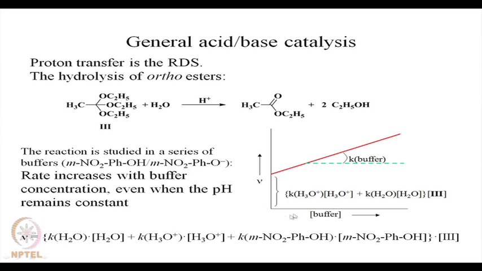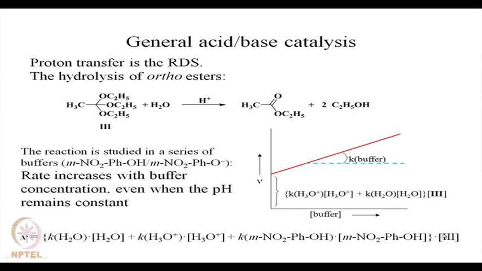So, your rate of reaction is the rate constant for water, then the rate constant for H3O plus, and then the rate constant for the one which is coming from PhOH, that is phenol, and also the concentration of phenol. So, these three are the contributions of the different constituents, that is water, H3O plus, and also from your buffer.